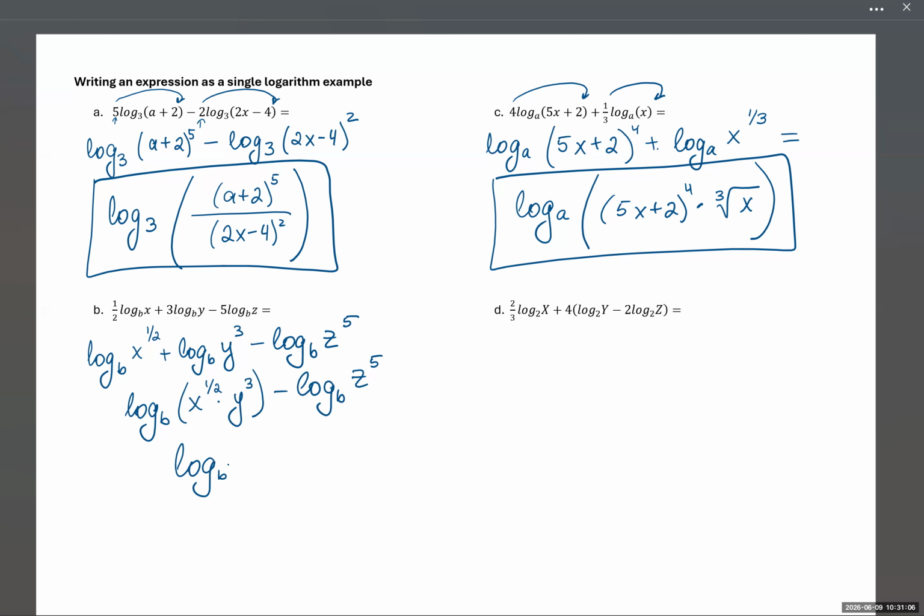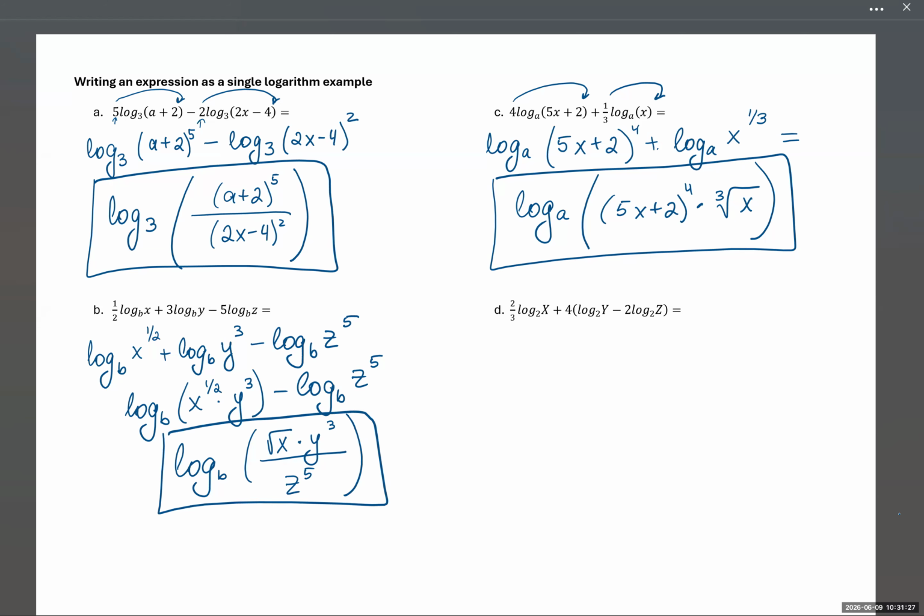Log base b. I'm going to go ahead and turn the 1/2 power into a square root. So square root of x times y cubed, divided by z to the 5th. And that is as far as we can go here.